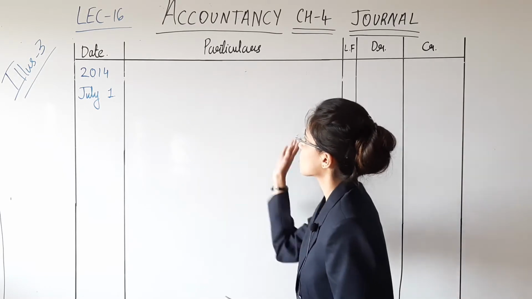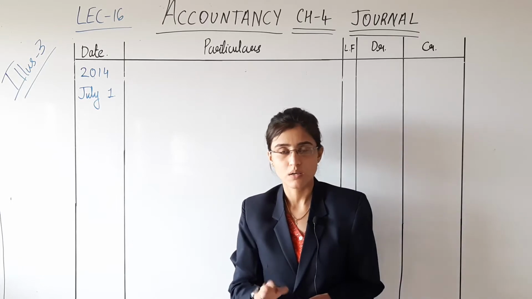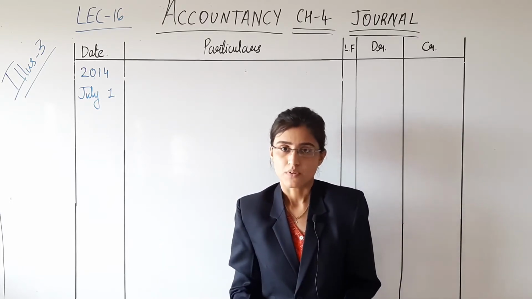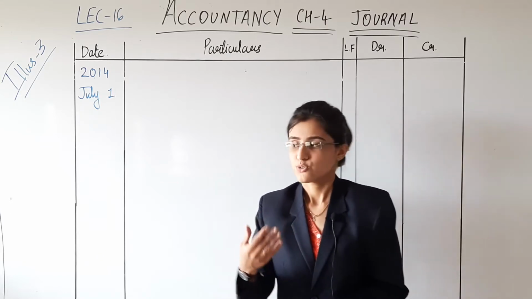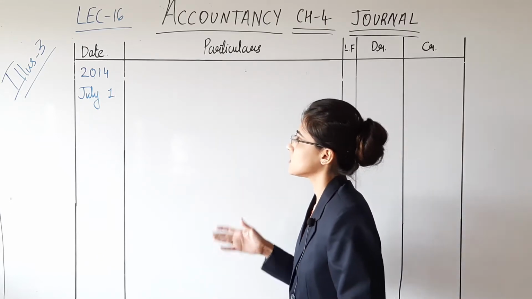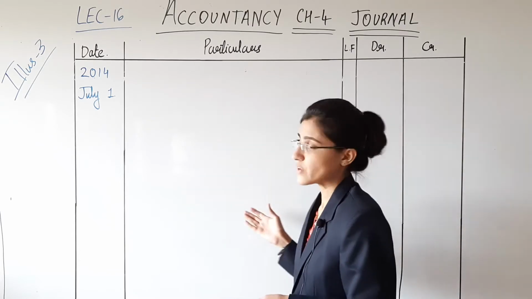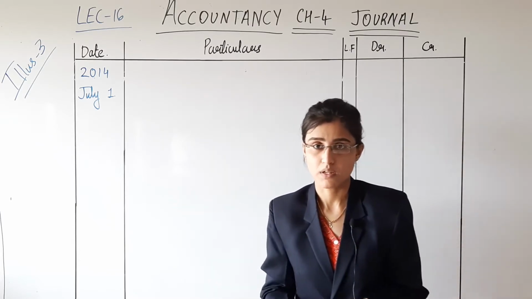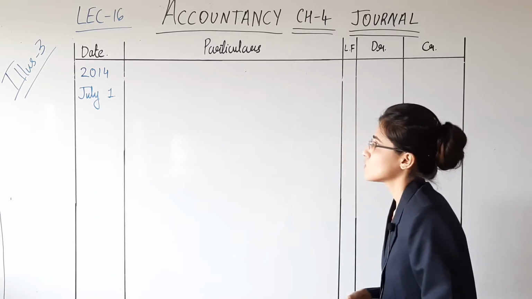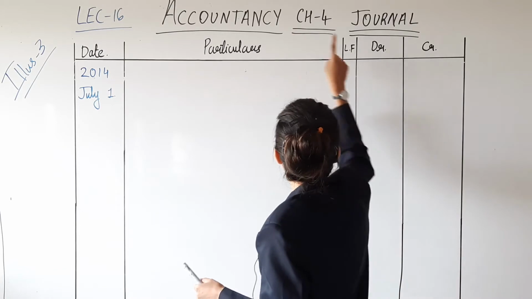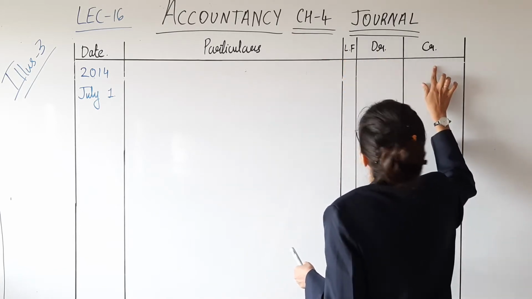This is the format of journal which is going to be same in the entire chapter. So, always you should sit readily with this format. Okay. So, then you are going to label this date, particulars, ledger folio, debit, credit.